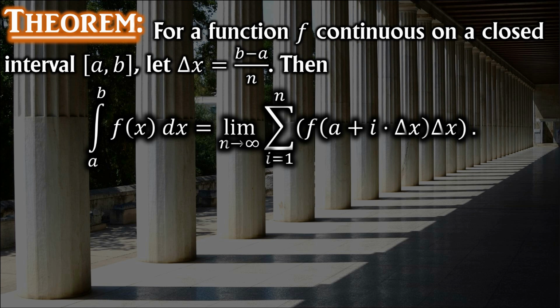That limit as n goes to infinity of that sum from 1 to n of our f of c sub i, in other words, the a plus i times delta x, times delta x. It looks very mathy, but this is kind of a summarization of everything that we just did, all in one cute, very mathy looking line.